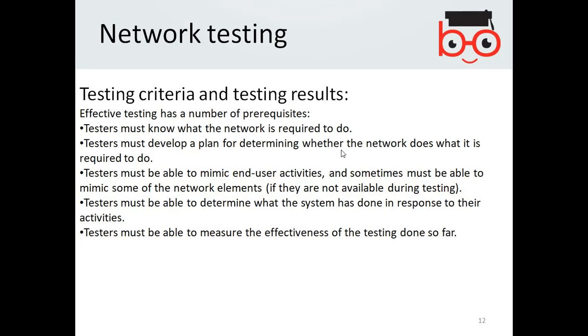So, being a tester, you need to know what is required to do on the network. Then you can evaluate whether the required functionality is achieved on the network or not. So that's the first point.